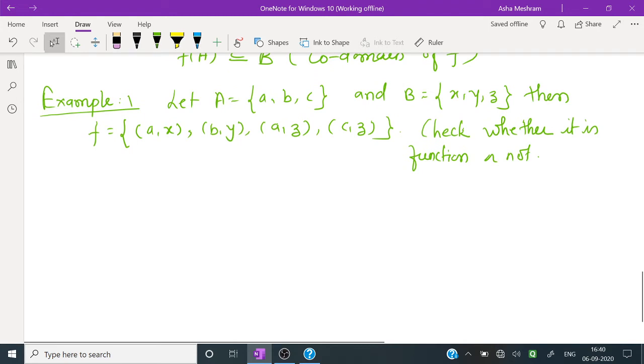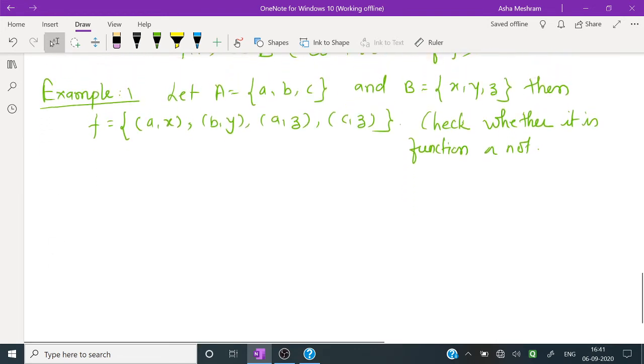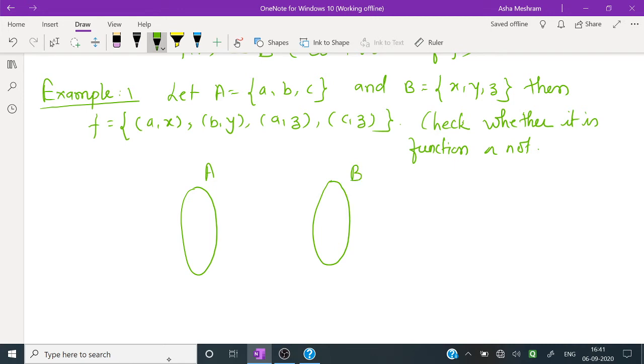It is always better to draw this diagram, means in the set form, it is always better to take the sets in the form of Venn diagram. So here I have drawn set A, then set B, and set A contains a, b, c. Set B contains x, y, z.